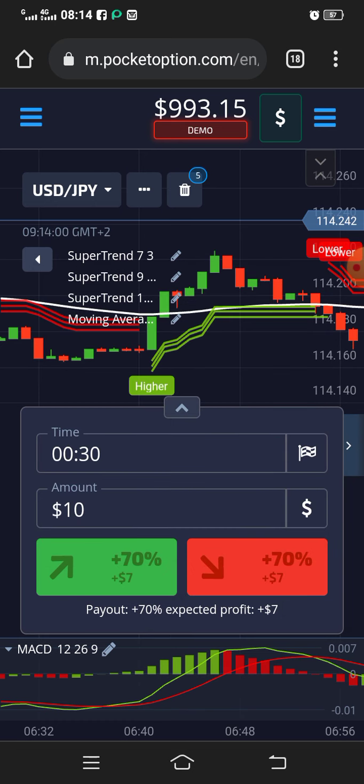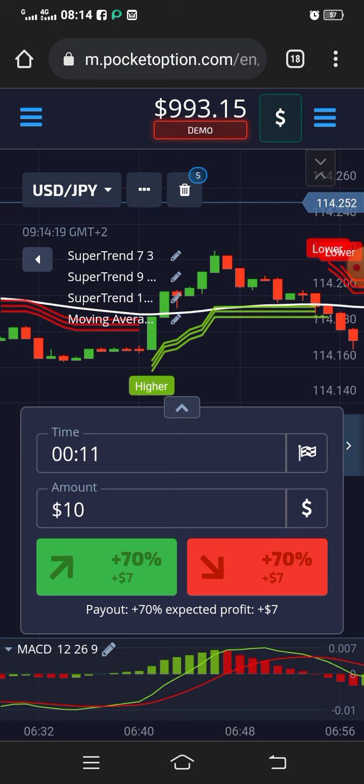Back to the buy. So buy only when the price candle is above this white line. Buy only when the 3 super trend is below the price candle and is pointing up.